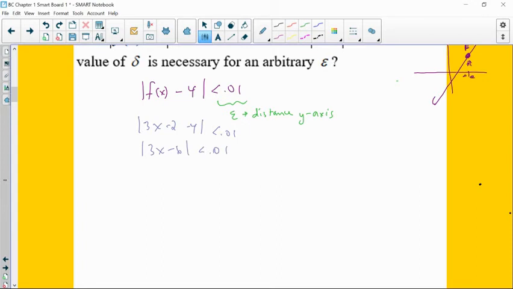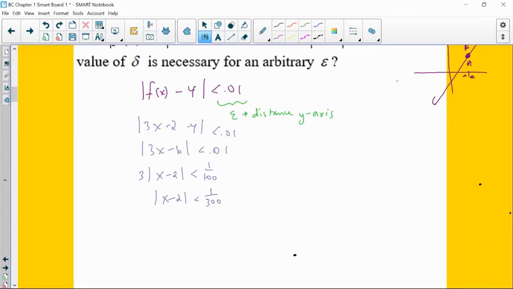Now I'm going to factor out that 3 and divide it across to the other side. So |x - 2| is less than 1/100th divided by 3, which is 1/300th.